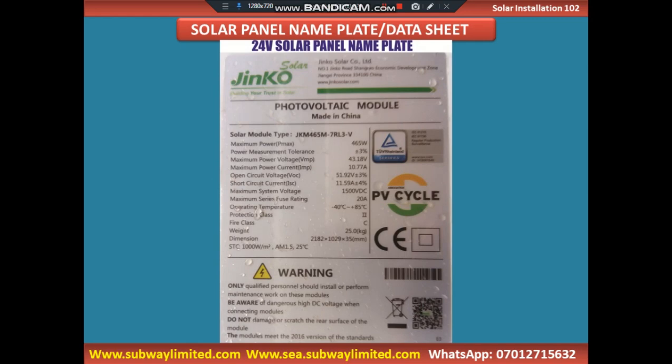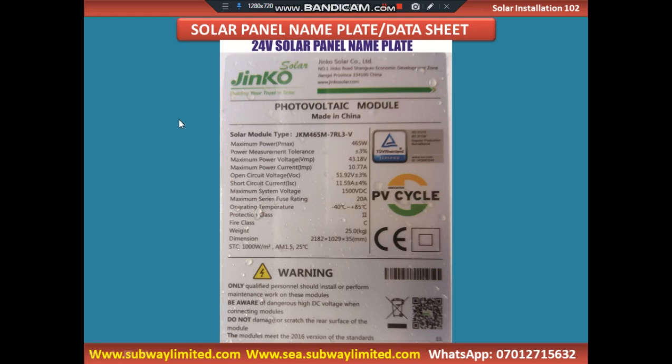In the two solar panel nameplates that I have put before you, you have not seen any of them written 12 volts.